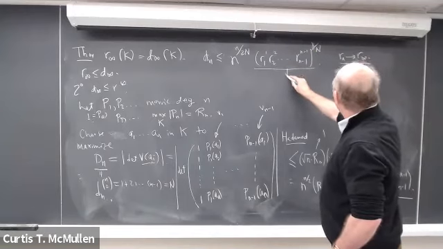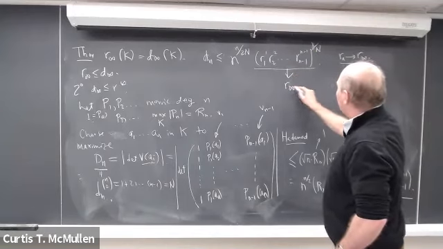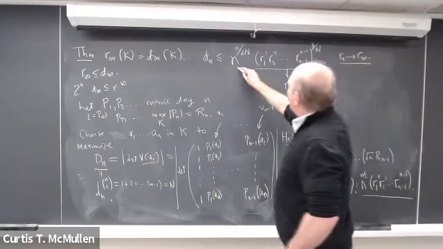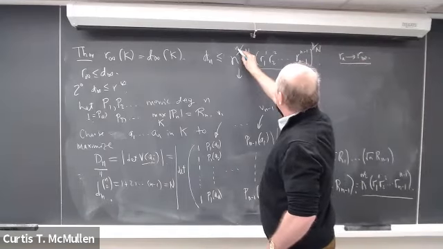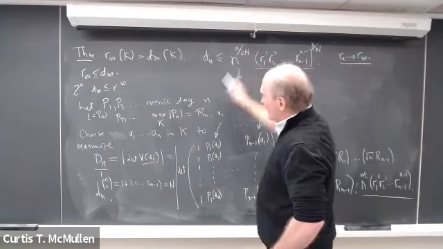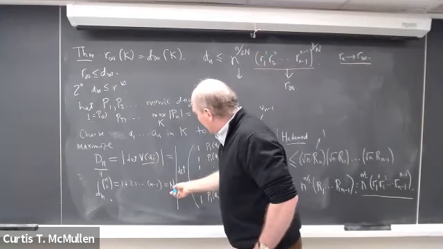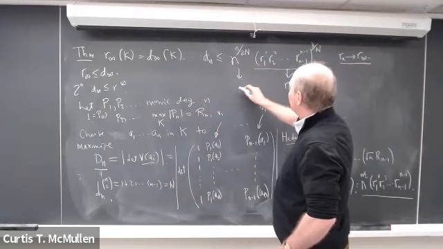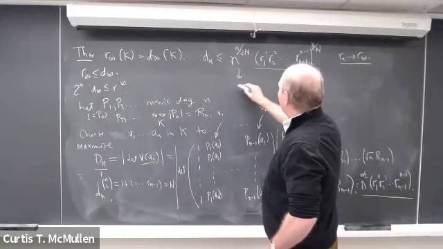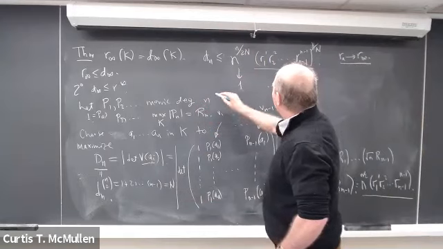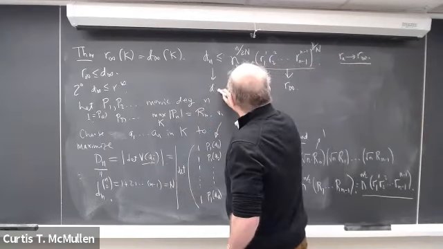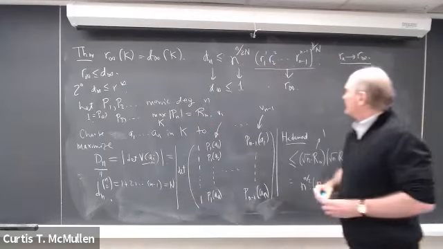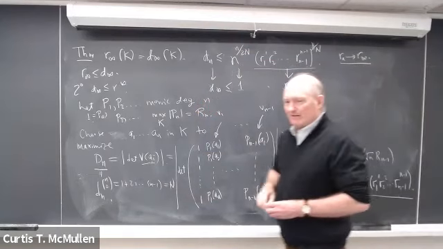So this quantity just tends to R infinity, and this quantity is, well, little n to the n over 2 over big N. Big N is roughly little n squared. So this is n to an exponent going to 0, like 1 over n. So this goes to 1, and this goes to d infinity. So that gives the reverse inequality, d infinity is less than or equal to r infinity.